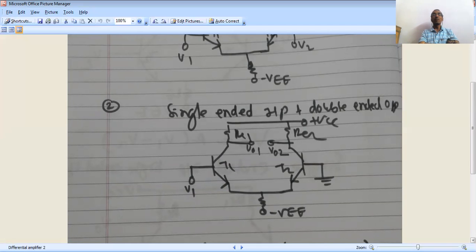Whenever you are going to see this lecture online, whenever I am explaining, you have to draw roughly the diagram. That is the first type of the differential amplifier.